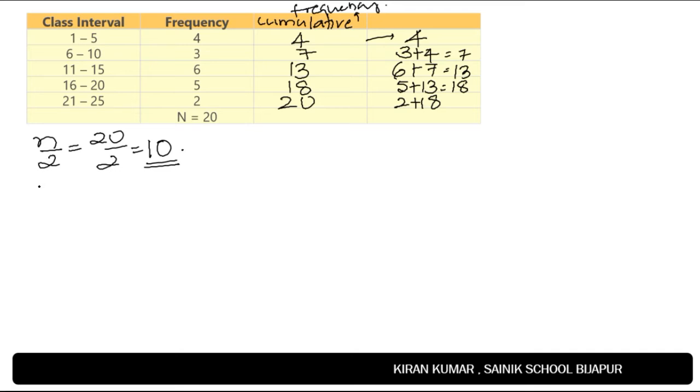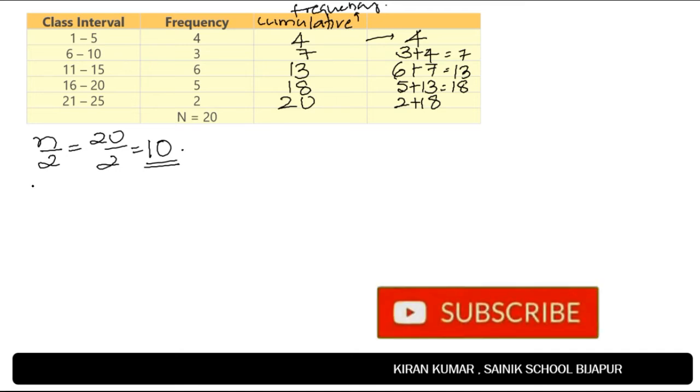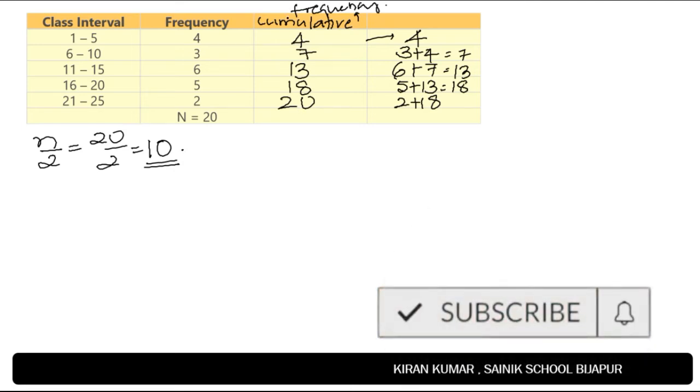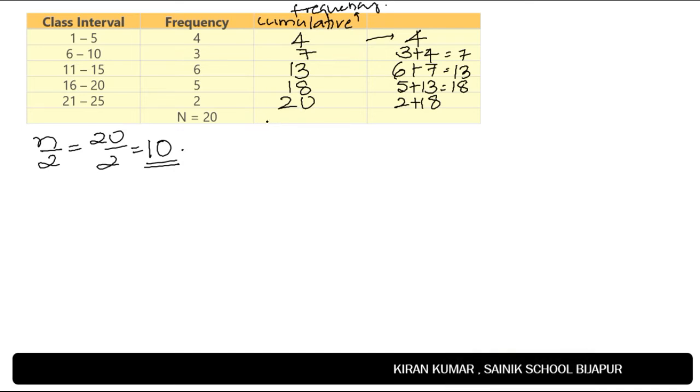How do we identify the median class? We need to identify in the cumulative frequency column the number which is greater than or closer to 10. Here, the values greater than 10 are these, and the closest one is 13.